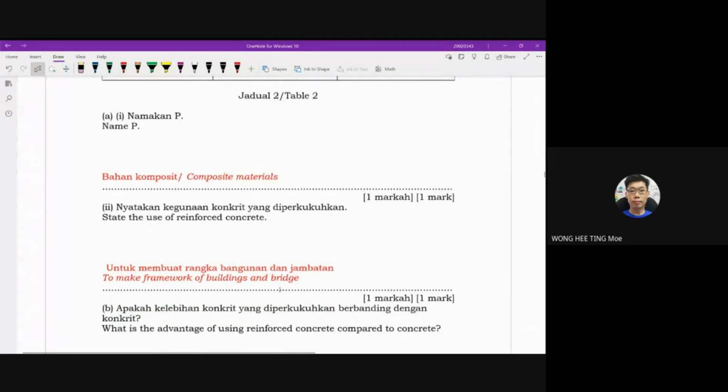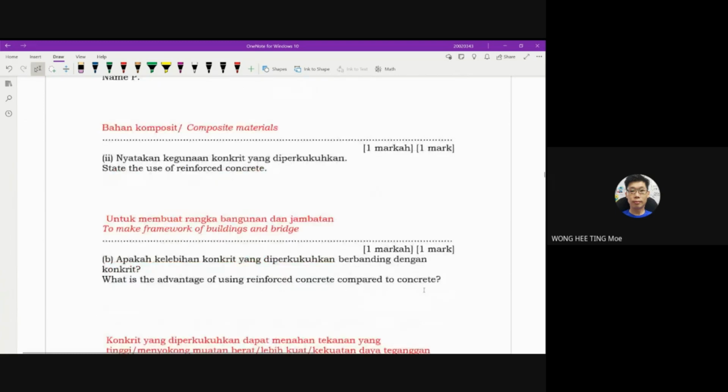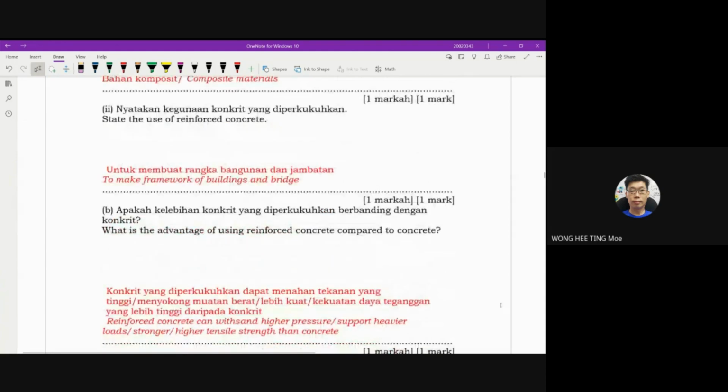What is your answer, class? Advantage. Yes, it can withstand applied very high force, high pressure. What else?